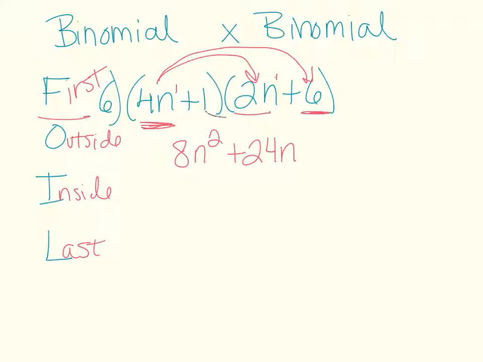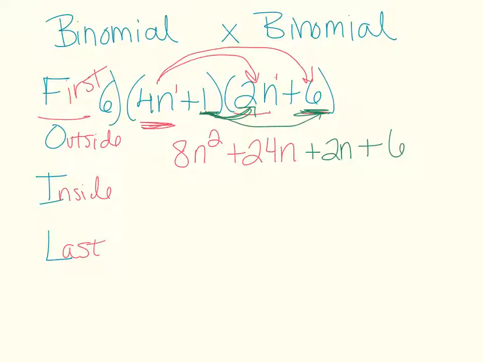Inside is the two terms on the inside of your two binomials, and that's 1 times 2n, so plus 2n. And then last is the 1, so the last term in the first binomial and the last term in the second binomial, 1 times 6, which is plus 6.